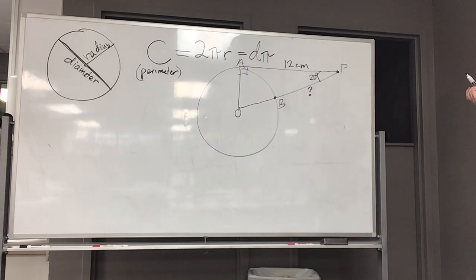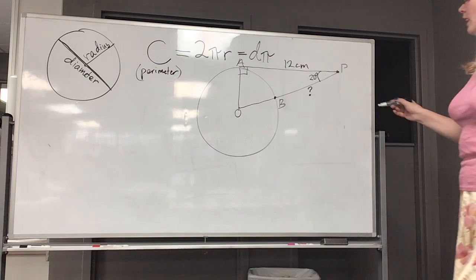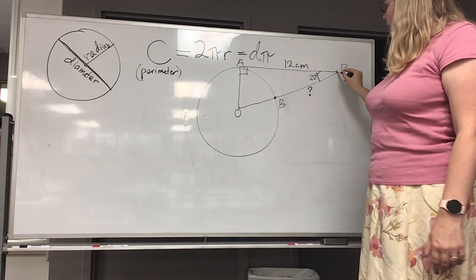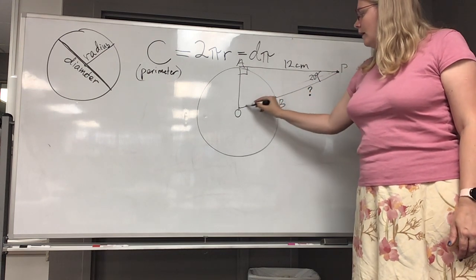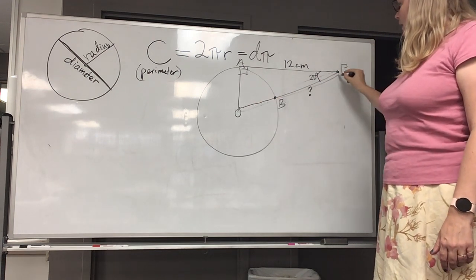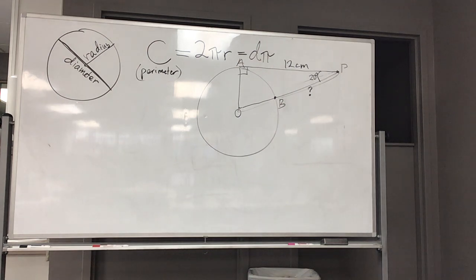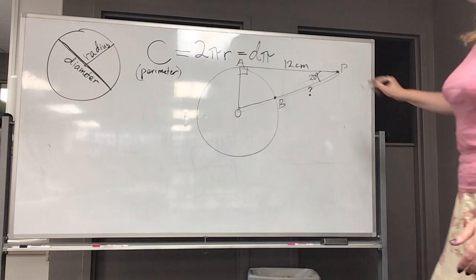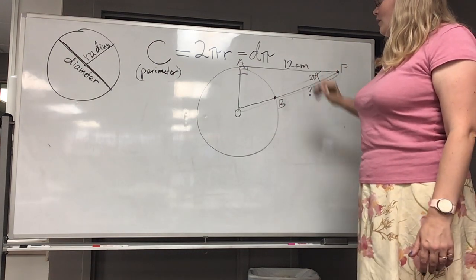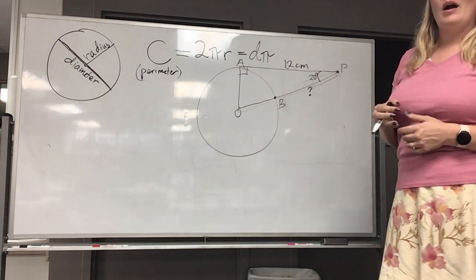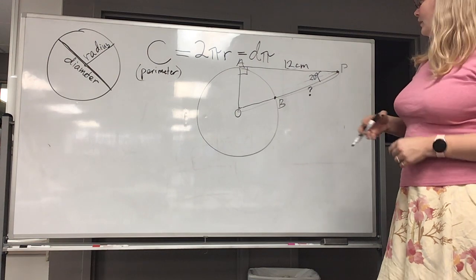All right, so we are looking for this piece. The side I circled, is it opposite, adjacent, or hypotenuse? The hypotenuse. So for this setup, this 12, is that adjacent or opposite? It's adjacent.